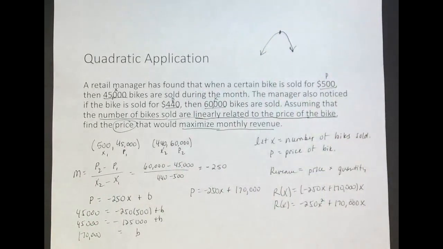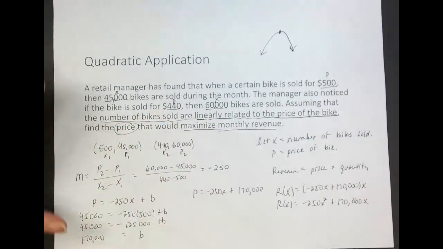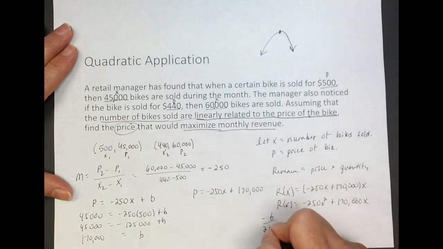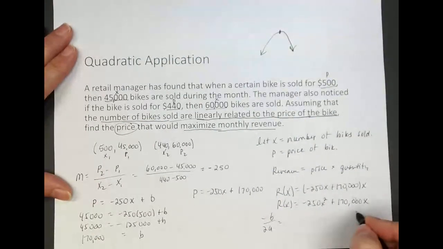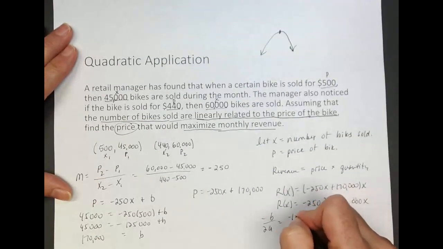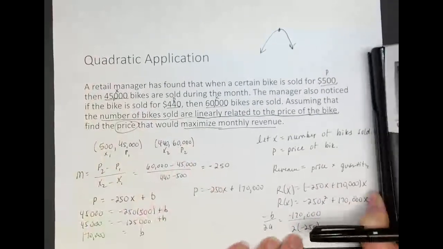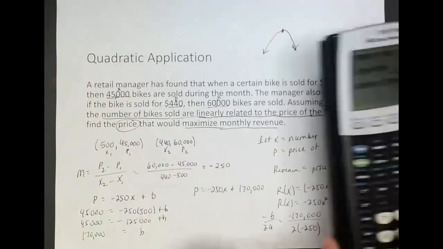Well, let's see if we can find the quantity of bikes that produces our maximum revenue. That's negative B over 2A. B here is 170,000, so negative 170,000 divided by 2 times negative 250. So 170,000 divided by 500.